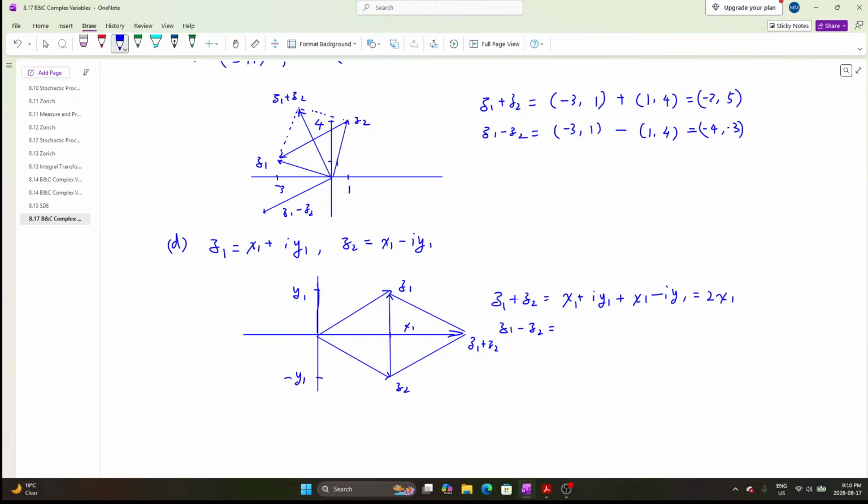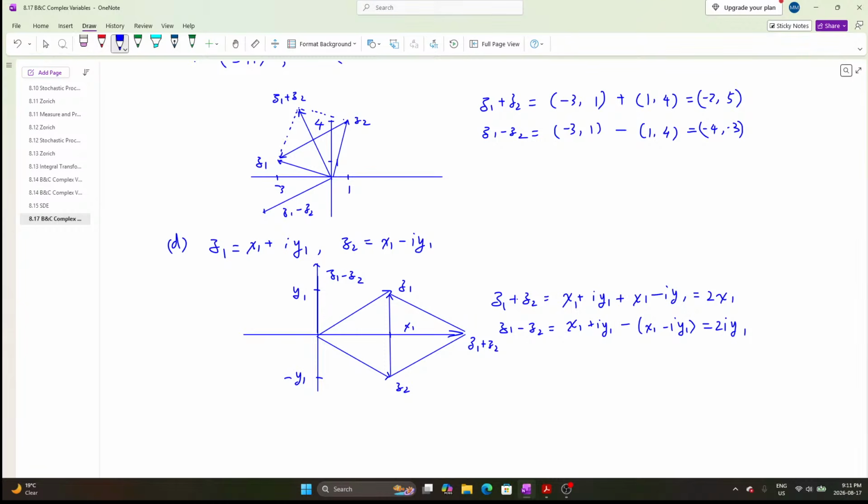If we translate the starting point of the vector to the origin, this is what we get. This is z1 minus z2. z1 minus z2 is x1 plus iy1 minus x1 minus iy1, and as a result, we get 2iy1. So that's the visualization and the algebra.